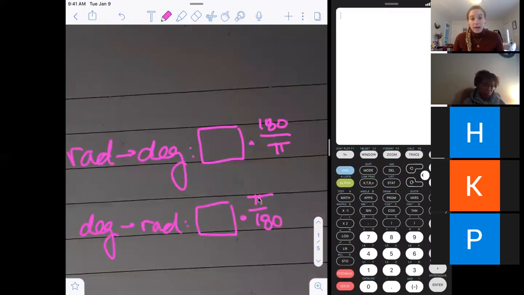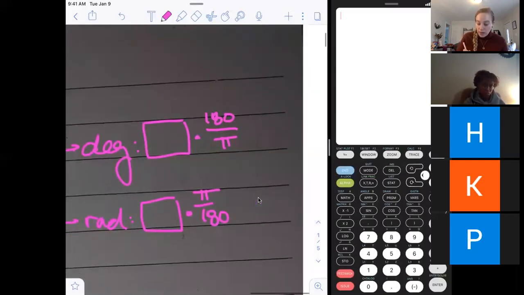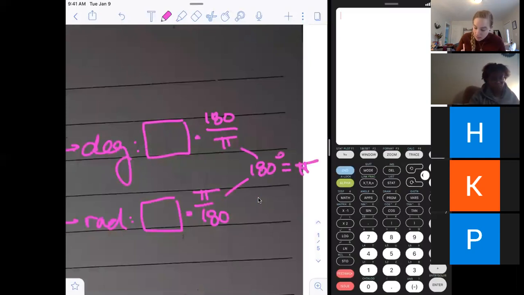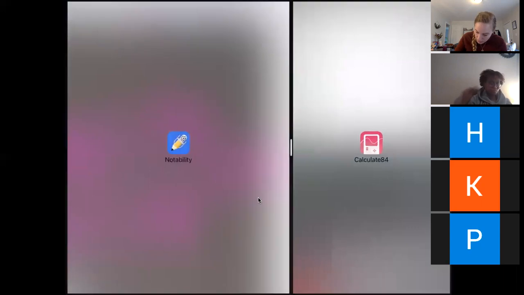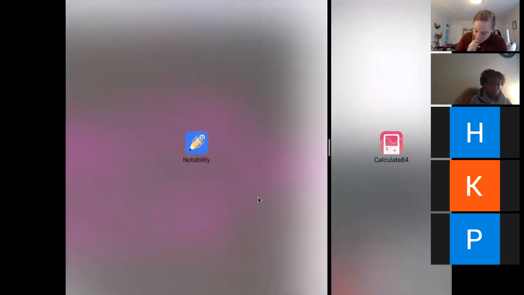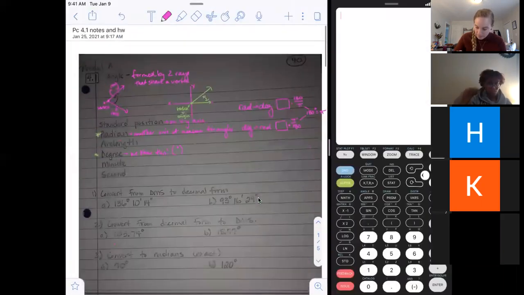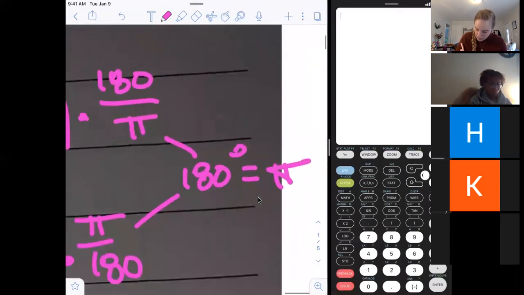Truthfully, I don't sit outside of trigonometry time and remember exactly which is degrees to radians and which is radians to degrees. What I do know is that 180 degrees is the same thing as pi radians.